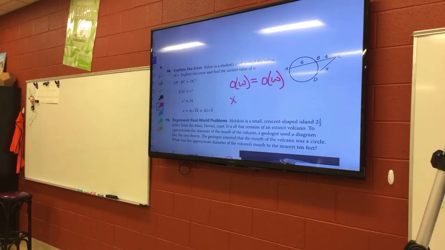So this should be x squared equals 40 instead of what they did. They didn't do outside times the whole. Okay? You see that? Any others?